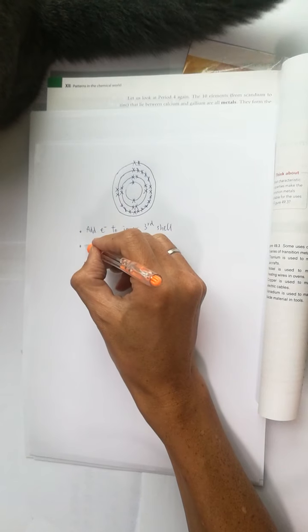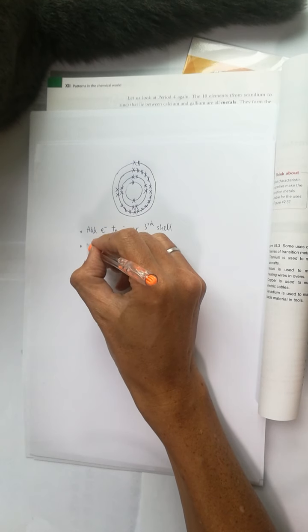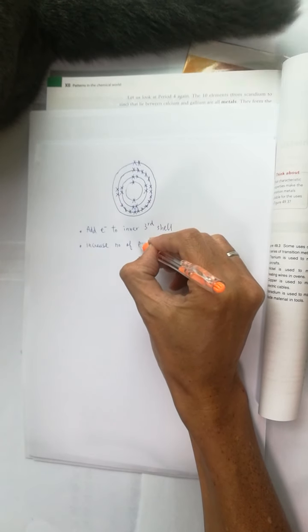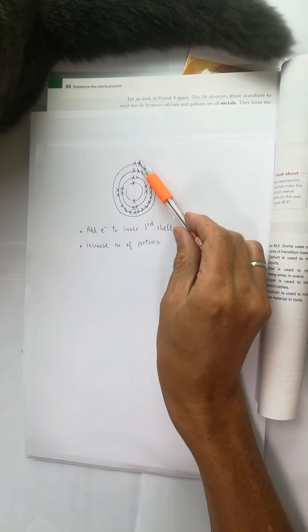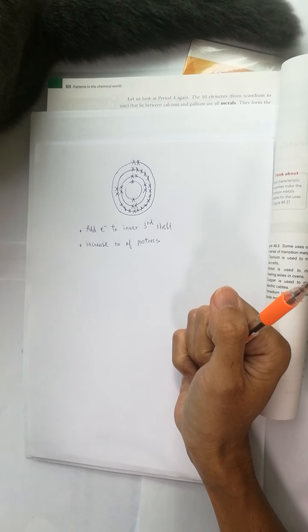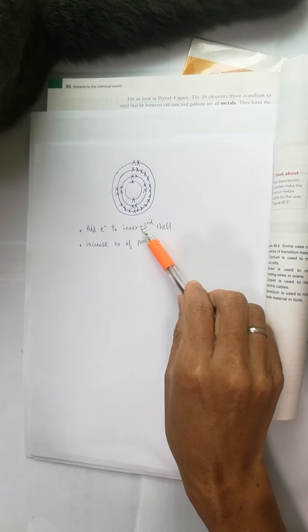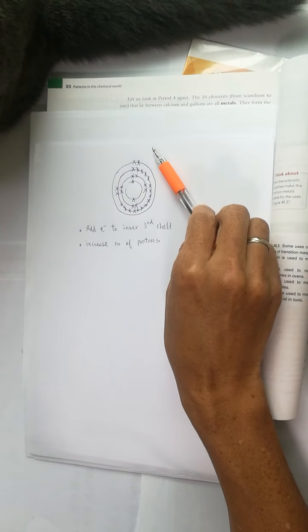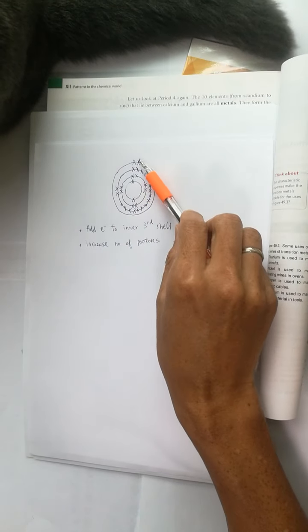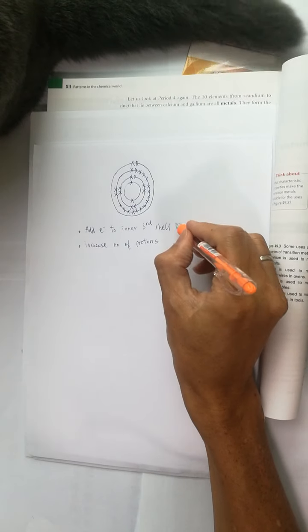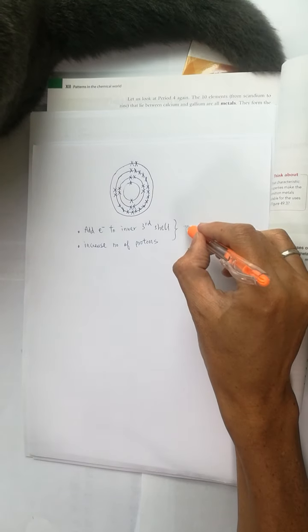However, at the same time, there is an increase in the number of protons, and these protons pull the electrons towards the nucleus. Electrons added to the inner shell push away the shell 4 electron, while the increasing number of protons pulls the electrons towards the nucleus. So the two effects cancel each other.